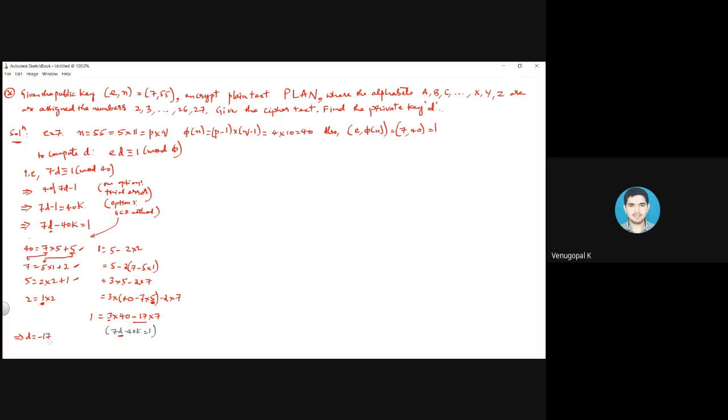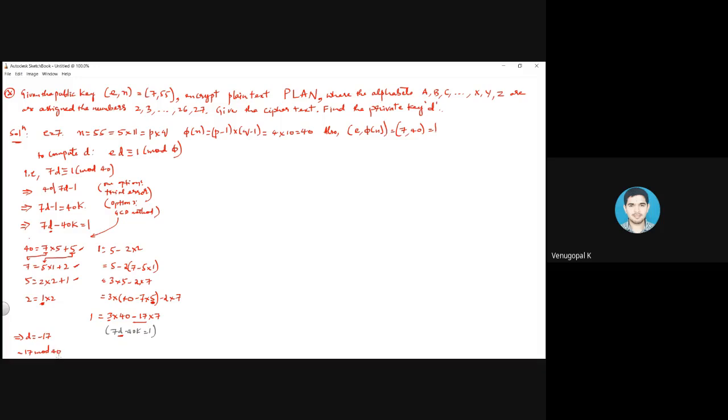But remember, during encryption generally we go for a positive value. So we can convert this to a positive value, very simple. When we say d equals minus 17, that means minus 17 mod 40, right? Now things are happening with mod 40.